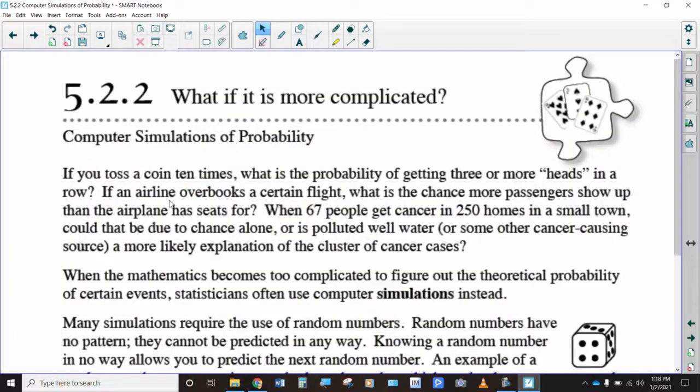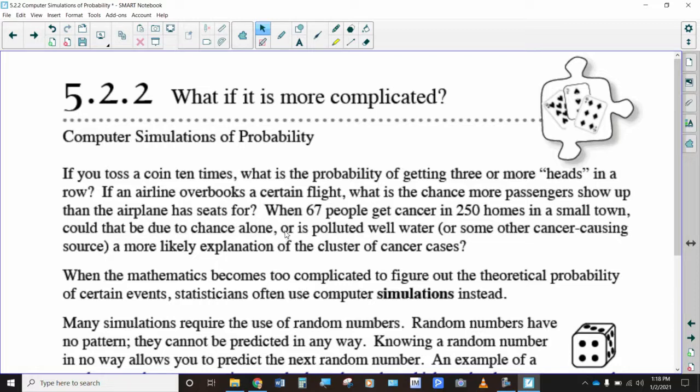All right, so let's see what this has to say. If you toss a coin 10 times, what is the probability of getting 3 or more heads in a row? If an airline overbooks a certain flight, what is the chance more passengers show up than the airplane has seats for?